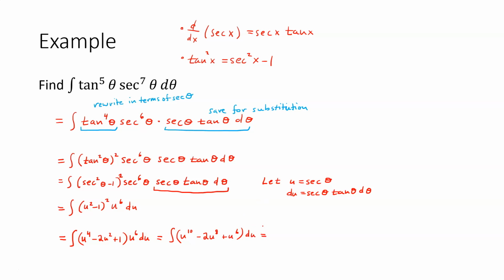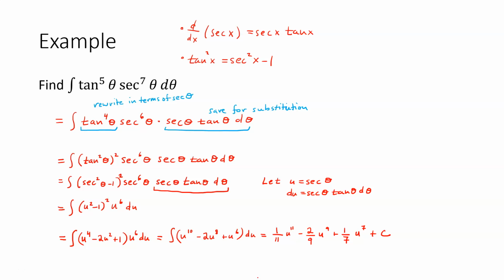And then I'm ready to integrate, so this will become 1 over 11 u to the 11th minus 2 over 9 u to the 9th plus 1 over 7 u to the 7th.